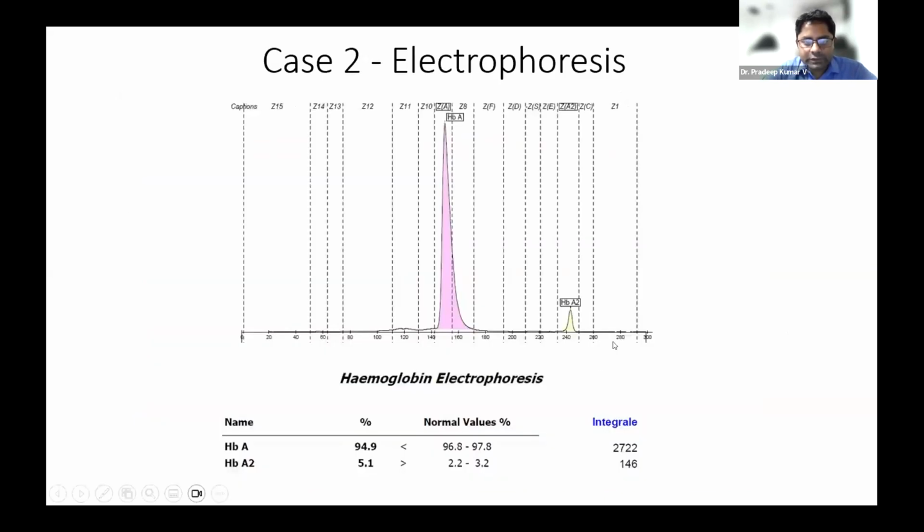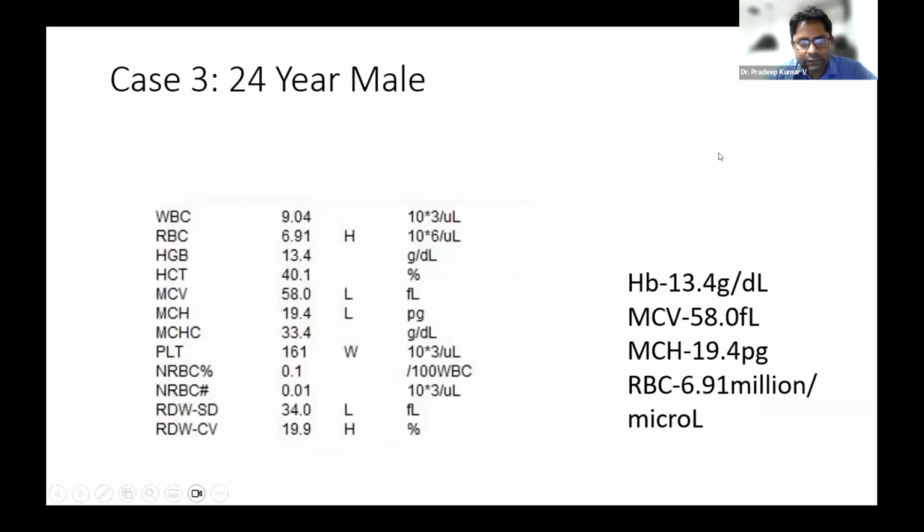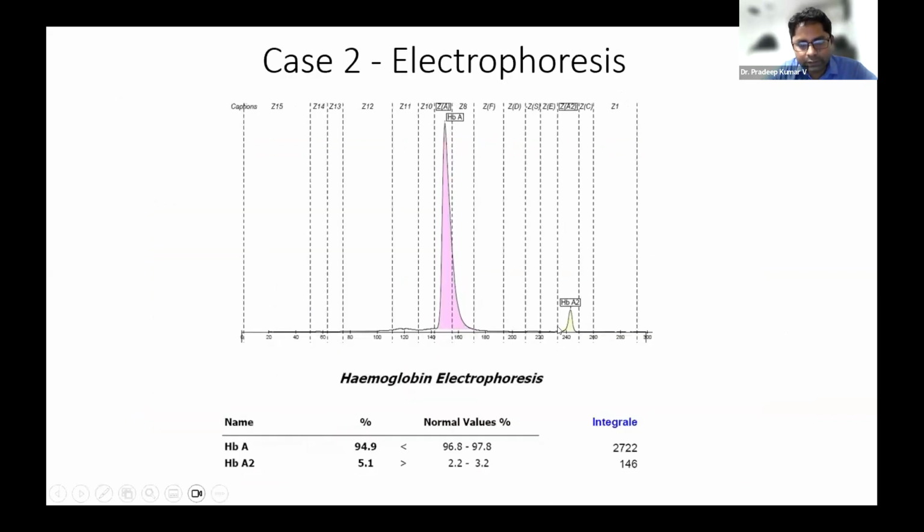Electrophoresis showed elevated A2. Again it's almost symmetrical, and 5.1 means elevated A2. So that is beta thalassemia minor, but the anemia is possibly because of concurrent iron deficiency.